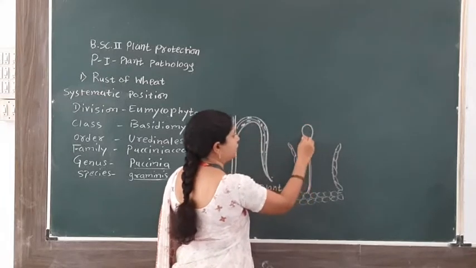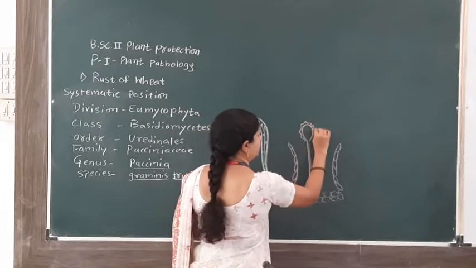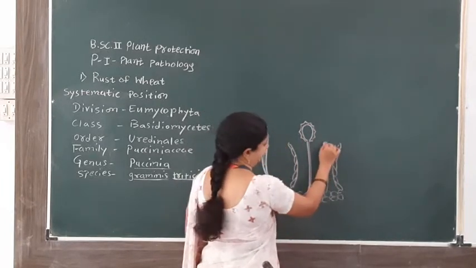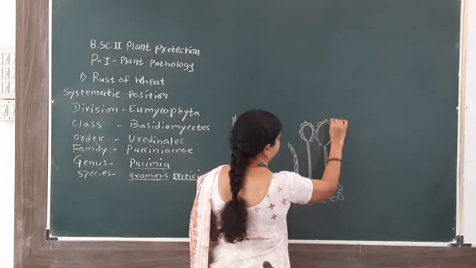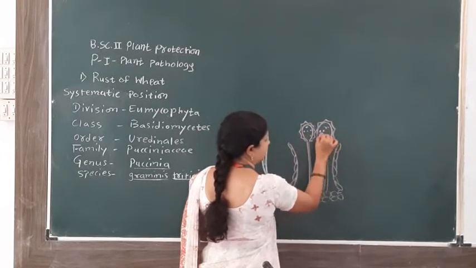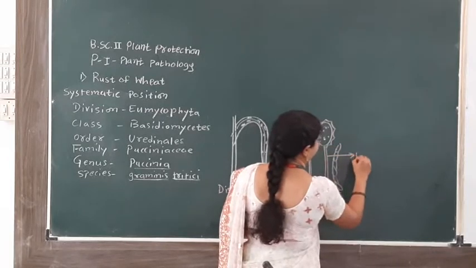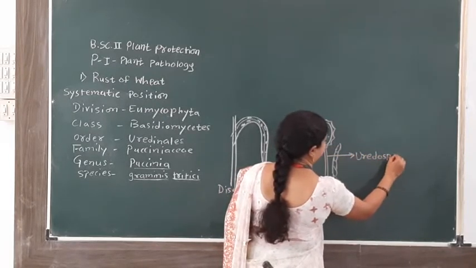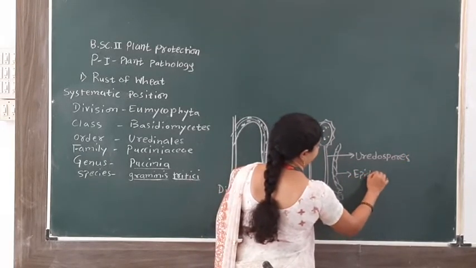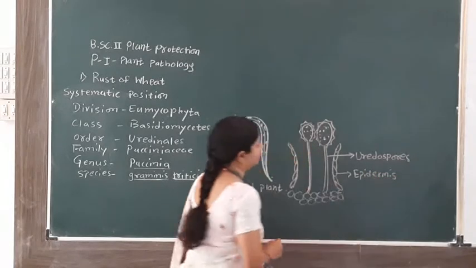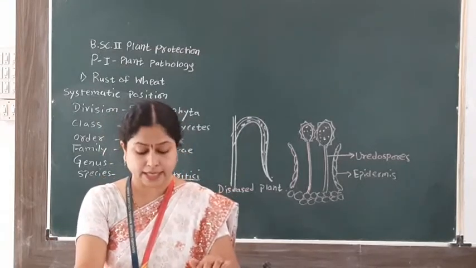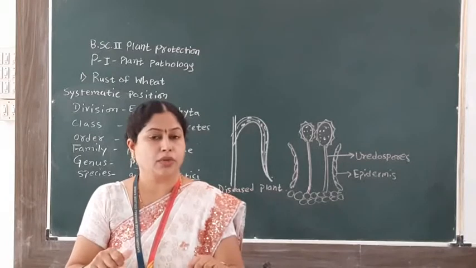These are globose structures of uredospores, which have an ornamented exine and smooth intine. These are the uredospores. This is the part of the epidermis. These are stalked structures which are oval in shape, bicelled, binucleate and yellowish brown in color.